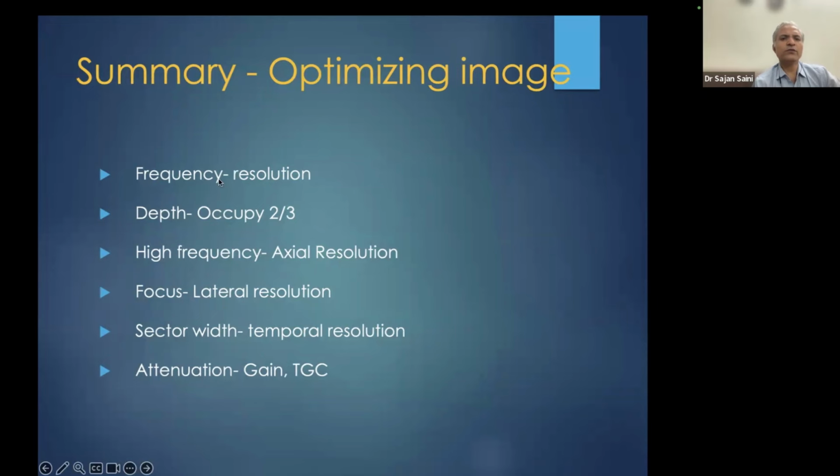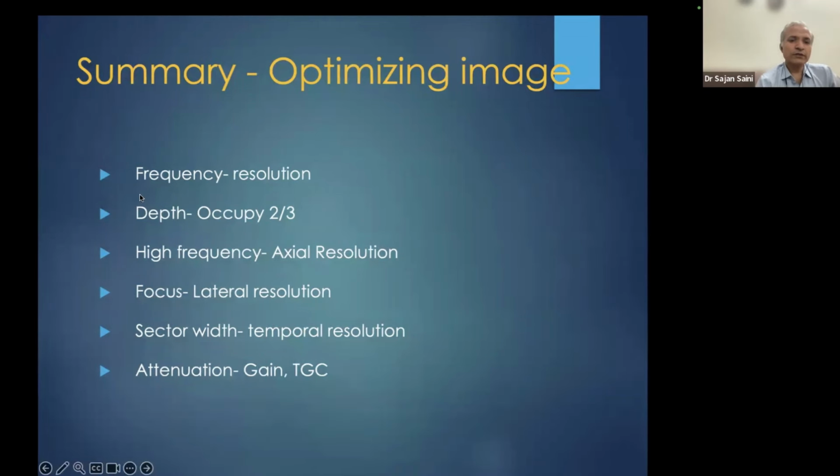So how to optimize the image? For frequency, if we increase the frequency, we have improved resolution, but then there is decreased penetration, and vice versa. If we reduce frequency, then we have increased penetration, and we can penetrate deeper structures, but with less resolution.